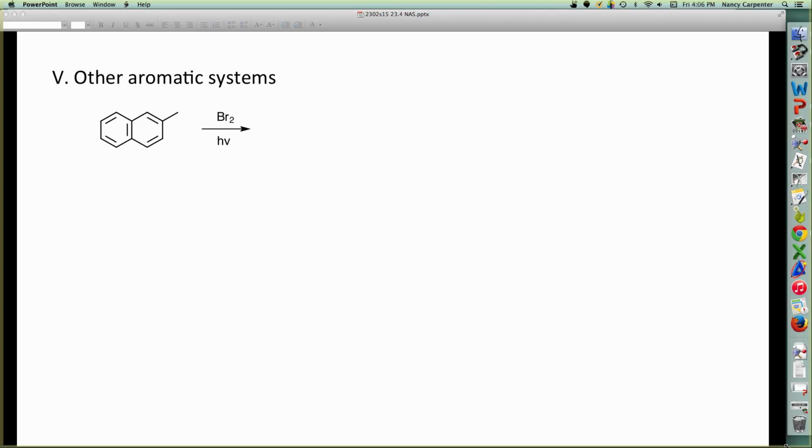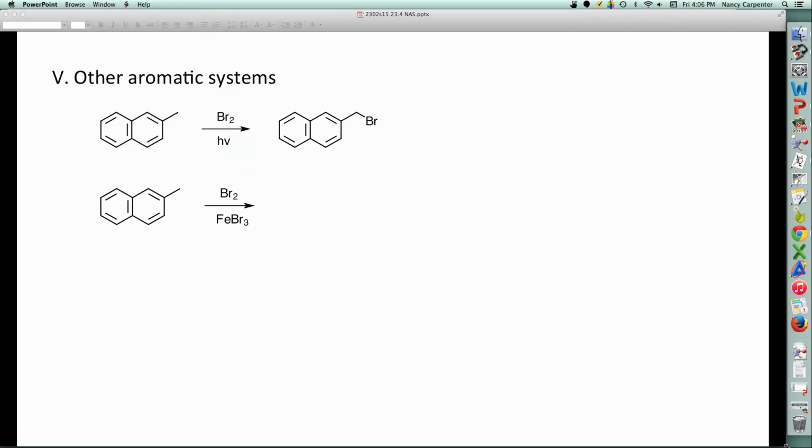Well, that should make you scream. Radical reaction. And indeed, I would get bromination at the benzylic position because, of course, that is exactly where the most stable radical would form.